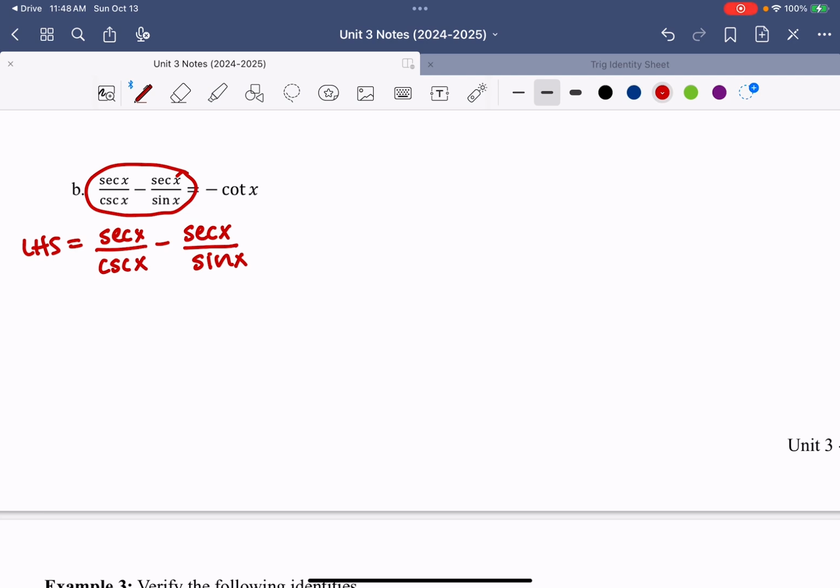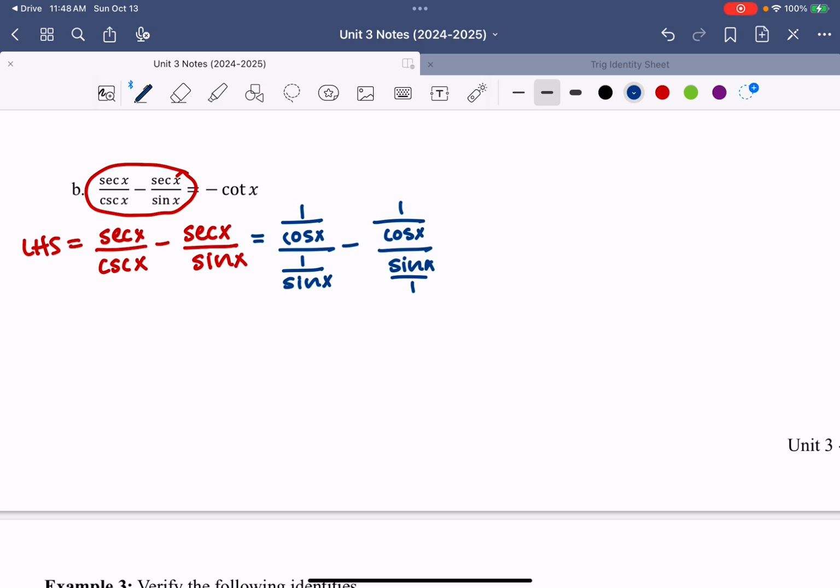Okay, here we go. So again, something that's usually helpful, at least that I find to be helpful, is to convert this into sines and cosines. So this would be equal to 1 over cosine x over 1 over sine x minus 1 over cosine x over sine x. And I can call that sine x over 1 if I really wanted to.